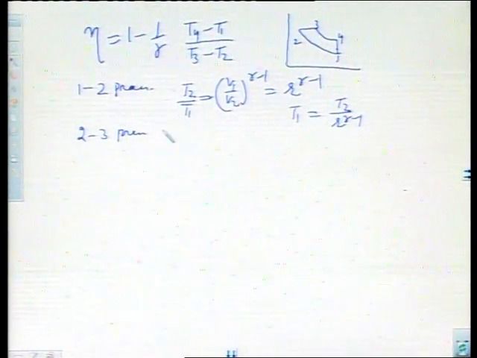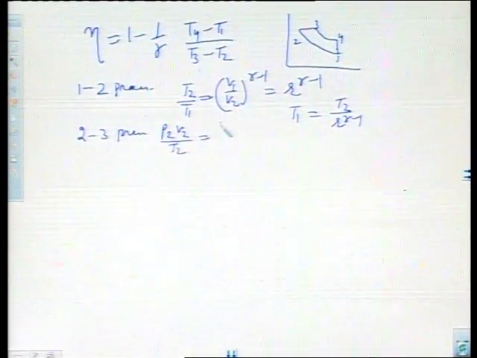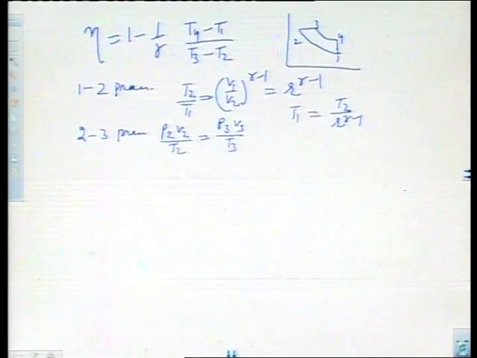We apply here the gas equation, P2V2 divided by T2 is equal to P3V3 divided by T3. This is not an isentropic process. Generally, this formula is applicable in the case of an adiabatic isentropic process, whereas in the case of the 2-3 process we can apply the gas equation.